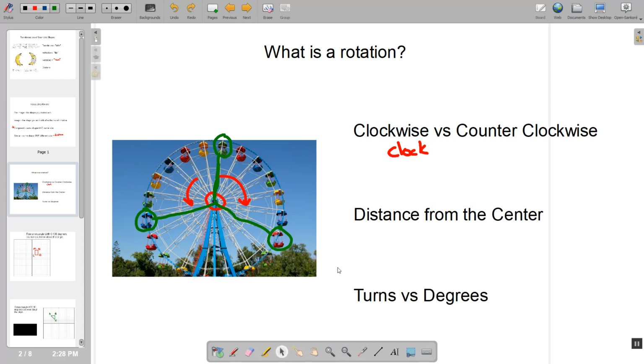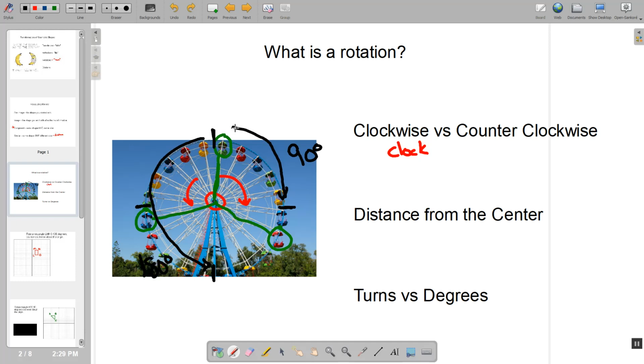And when we talk about degrees, each individual turn we think of as 90 degrees, because a half circle is 180 degrees. So a turn from here to here is a 90-degree turn clockwise. A turn from here all the way down would be 180 degrees counterclockwise.